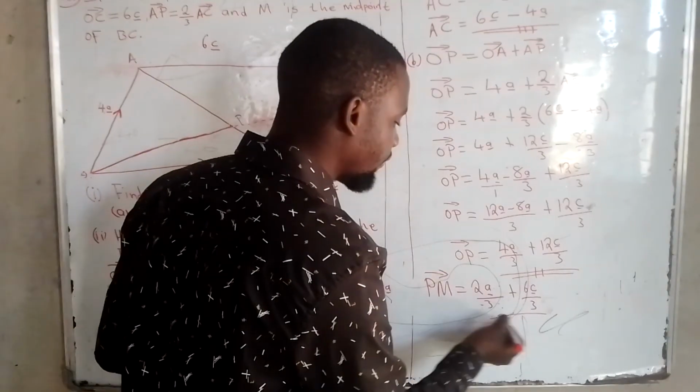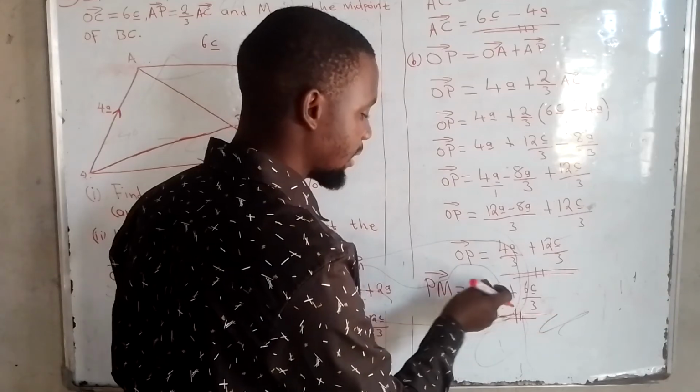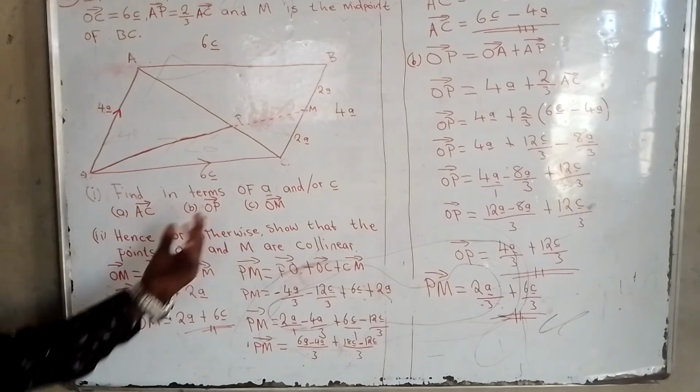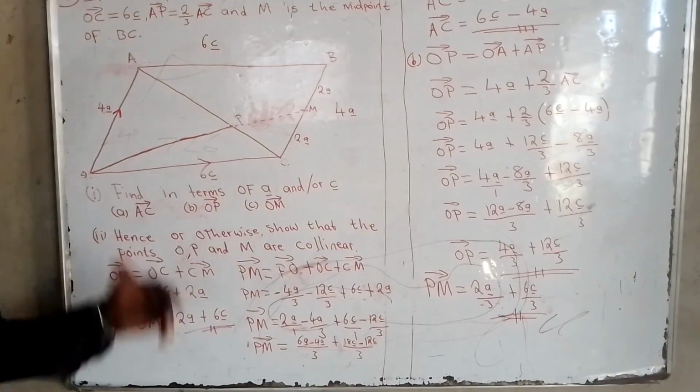Here, don't find the common denominator, because these 2 letters on top are unlike terms. So that is our PM. Now the question has told us to show that points P, O, and M are collinear.